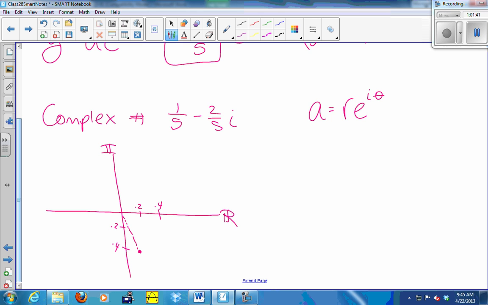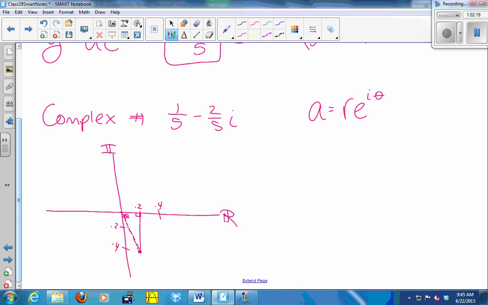All we have to do is treat this as a right triangle and find this angle theta. I could find that and say it's either negative, or go all the way around to find theta, and it would be a different point.